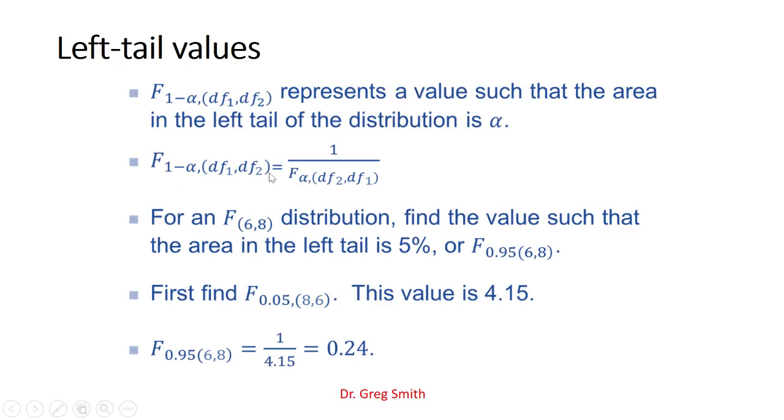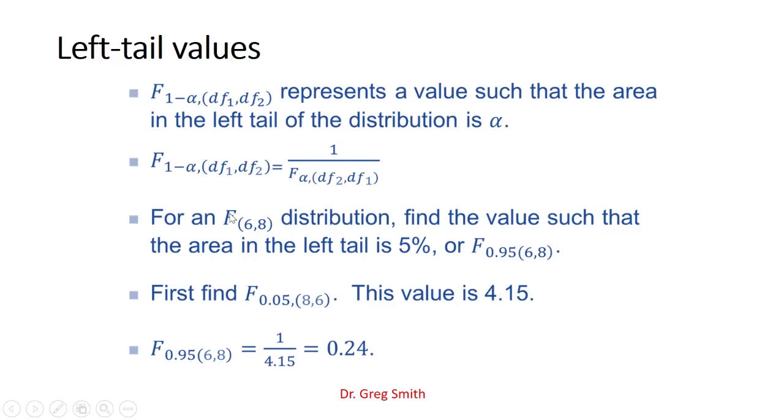The actual value is 1 over F of alpha, but I'm flipping my degrees of freedom. So if alpha was 5%, this will be F of 95%, degrees of freedom 1, degrees of freedom 2. It's calculated by saying 1 over F of 5%, degrees of freedom 2, degrees of freedom 1.